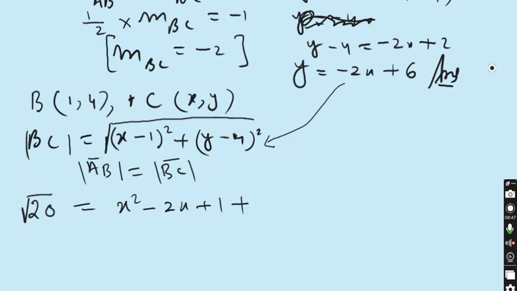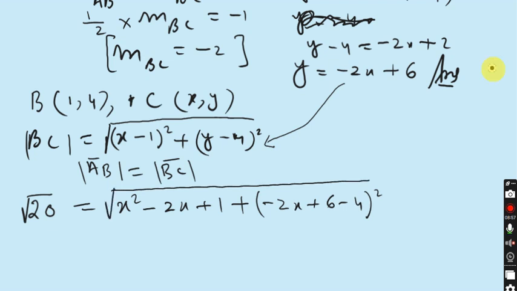What is y? y is minus 2x plus 6, minus 4 whole square. This square root cancels by this square root, so 20 is equal to x square minus 2x plus 1 plus (6 minus 4 is 2) (2 minus 2x) whole square.